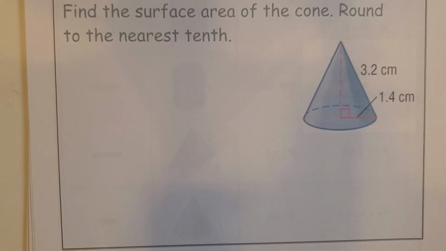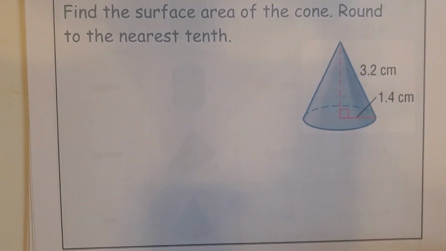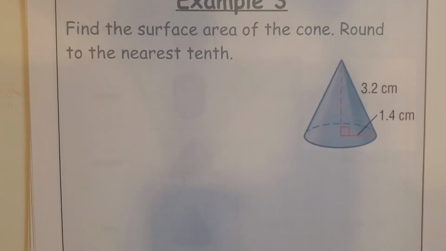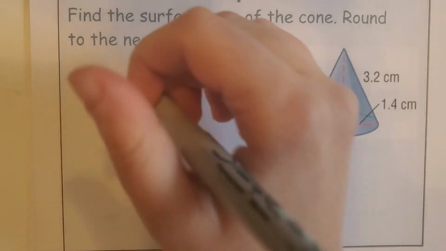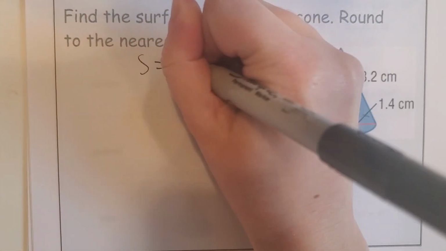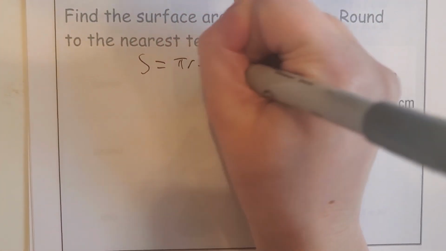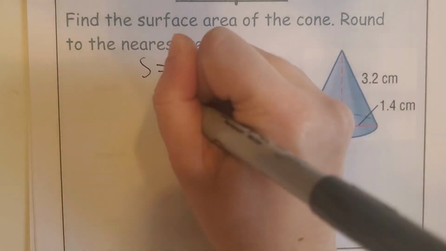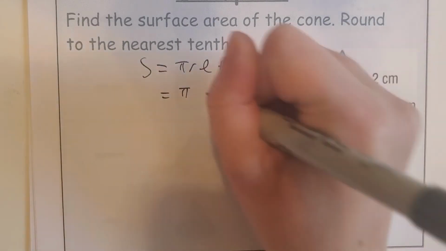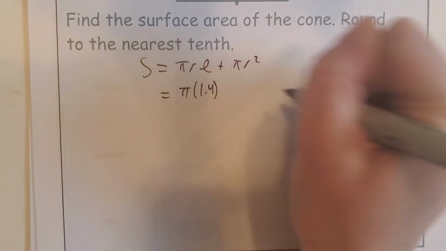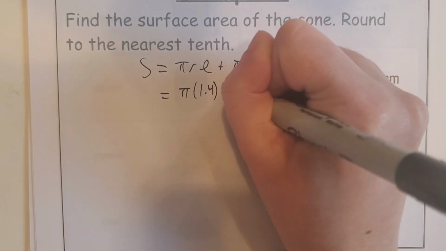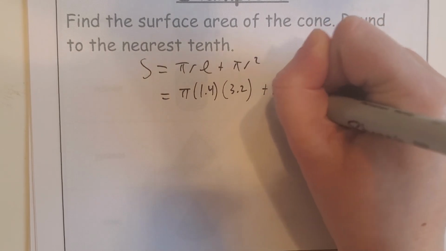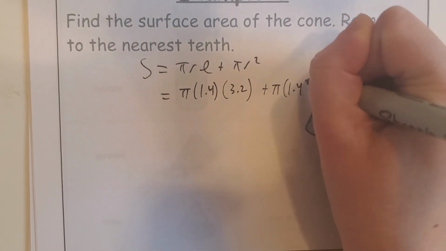So this 3.2 is talking about your slant height. This is the only problem, I guess. Okay, cool. We're almost done. So surface area is pi r l plus pi r squared. So pi, the radius is 1.4, times the slant height, which is 3.2, plus pi times 1.4 squared.